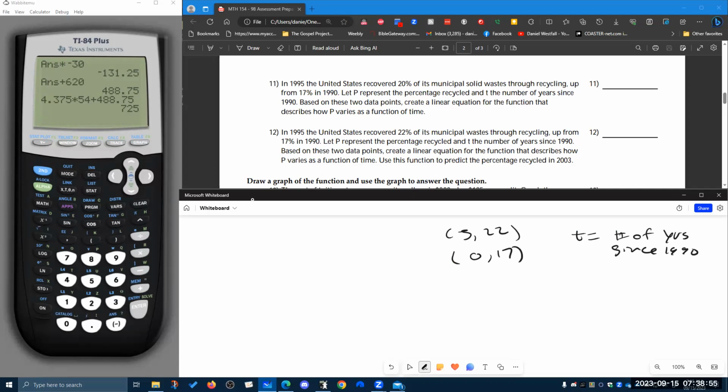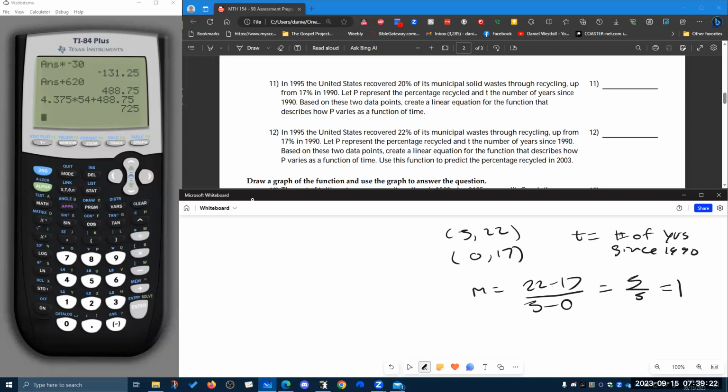And we have a slope of y2 minus y1 over x2 minus x1. 5 over 5 is 1. So there's a 1% increase every year.